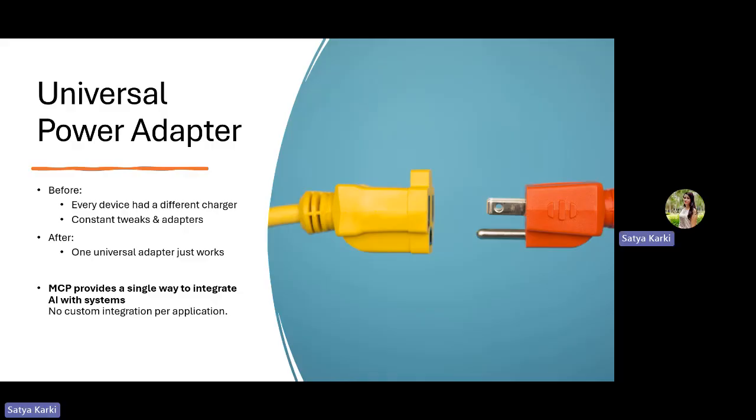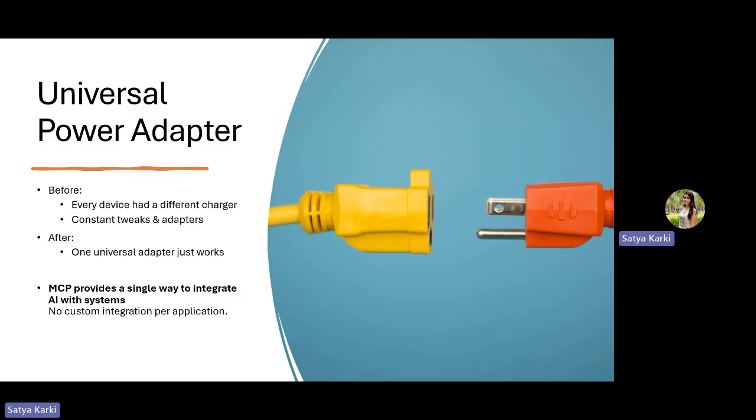Before the universal power adapter, every device had a different charger, constant tweaks, and adapters. After, one universal adapter just works for all. Similarly, MCP provides a single way to integrate the AI with systems. Now we don't need a custom integration per application.